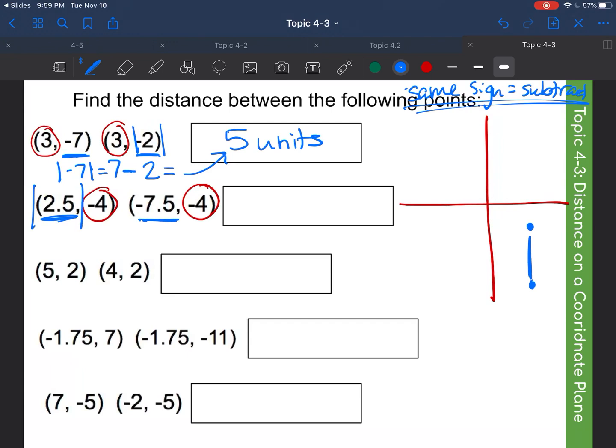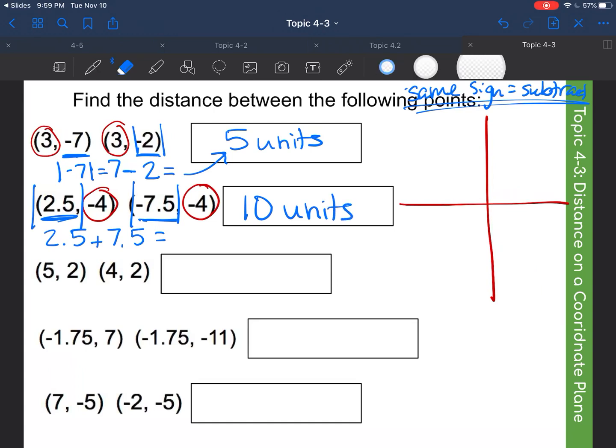So the absolute value of 2.5 is 2.5. The absolute value of negative 7.5 is 7.5. And if we were to add those two together, 7.5 plus 2.5 would give you 10 units. And if we were to graph it on our coordinate grid, (2.5, negative 4) is around here.